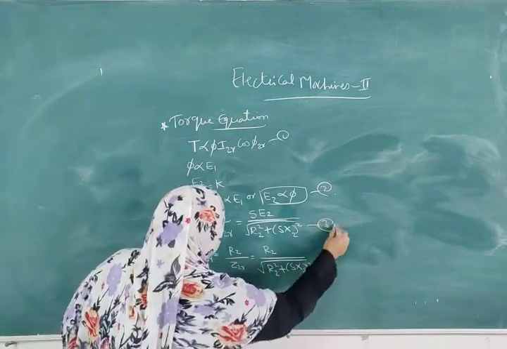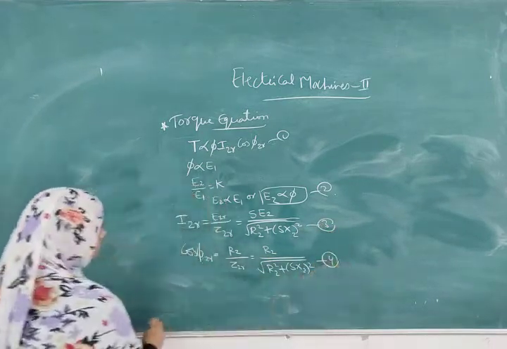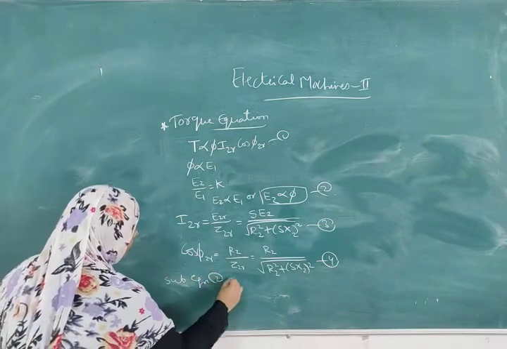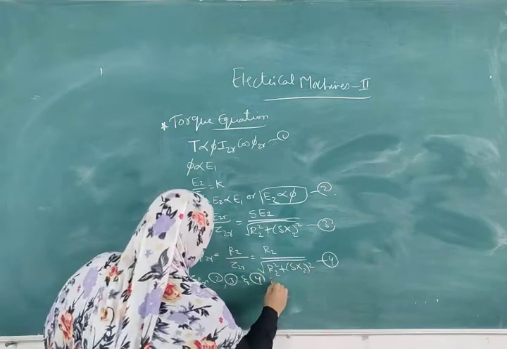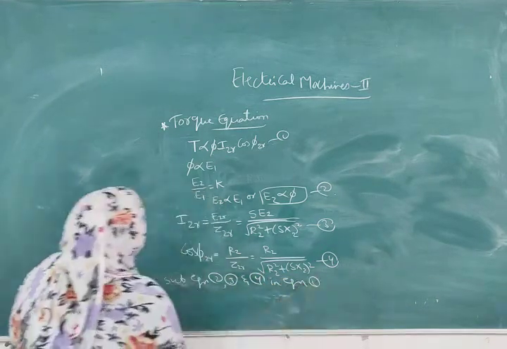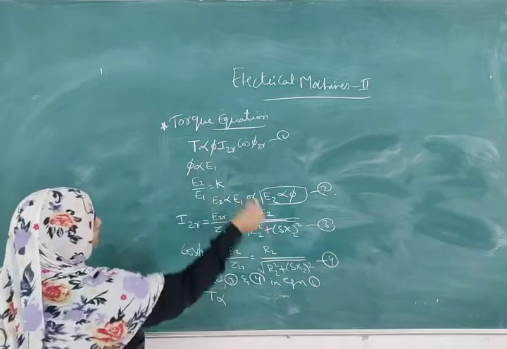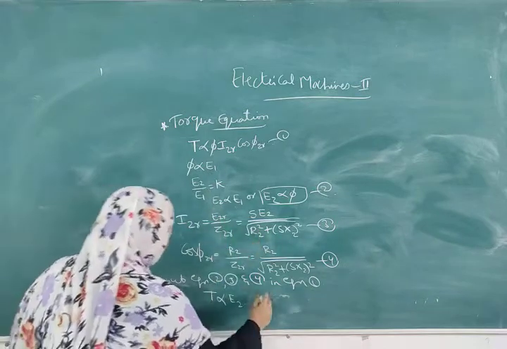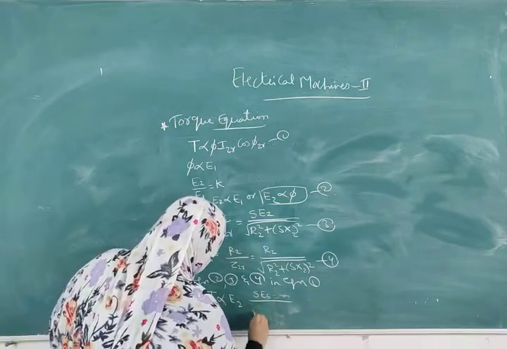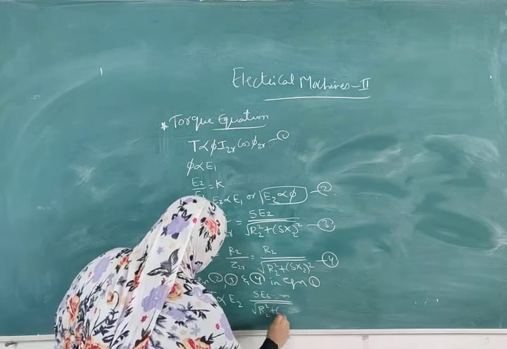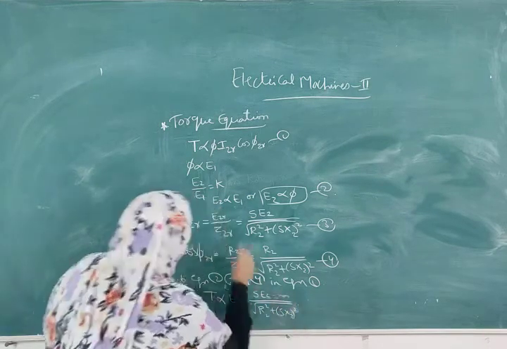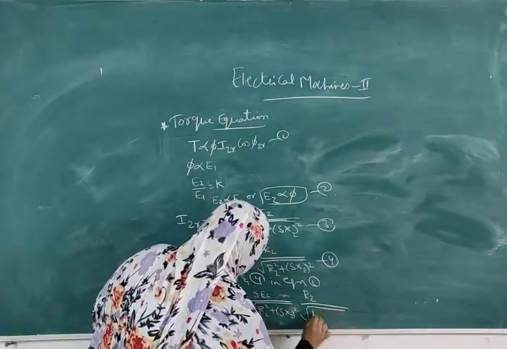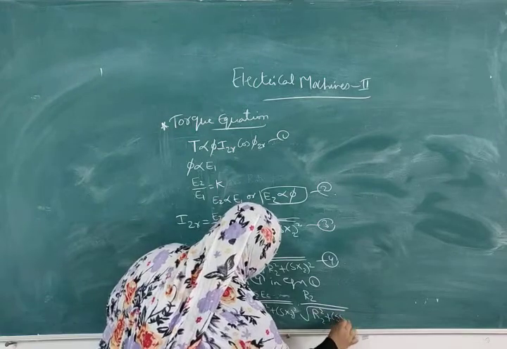So putting equations 2, 3 and 4 in equation 1, substitute equations 2, 3 and 4 in equation 1. Torque is proportional to, in place of phi I am writing E2, in place of I2R I am writing SE2 by under root R2 square plus SX2 whole square, and in place of cos phi 2R I am writing R2 divided by root of R2 square plus SX2 whole square.